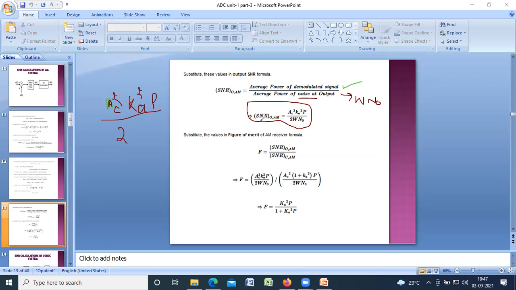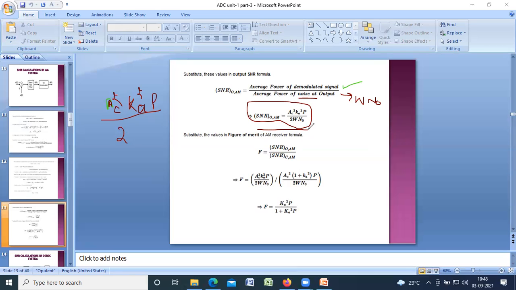Done? Yes, rest all students, any doubt? No, ma'am. Have you solved? ये इतना अचीव कर लिया सभी ने?